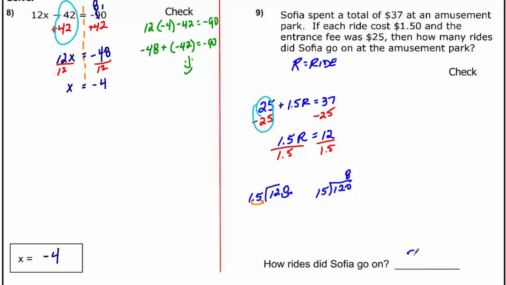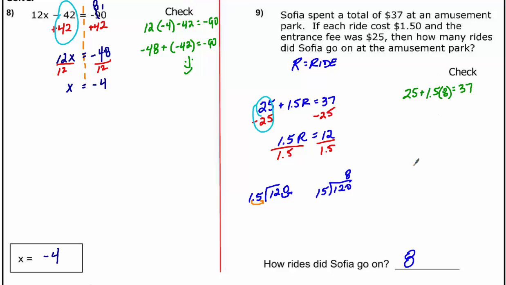Let's see. So I'm saying Sophie got to go on 8 rides. Let's see if my logic holds. $25 to get in, plus $1.50 per ride. Does that equal $37? I've got to figure out if that works when the rides equal 8.